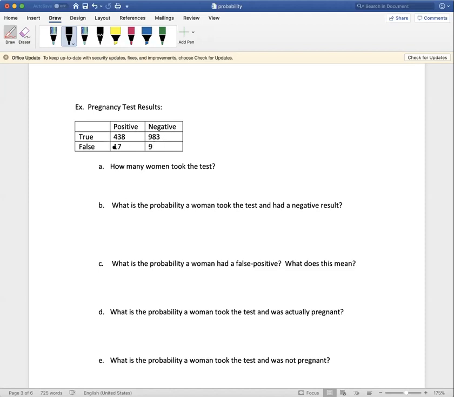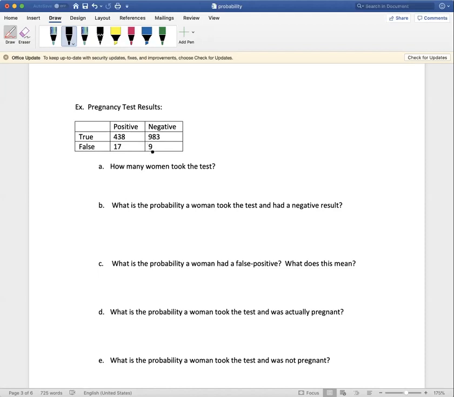Well, these are the more interesting cases, the ones down here, the false positive and the false negative. So this 17 as being a false positive means that these 17 women took the test, the result came out positive but was false, so they weren't really pregnant. A false positive means you got positive as your answer but it wasn't correct.